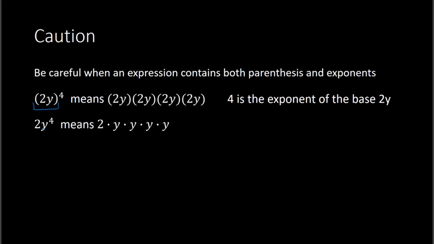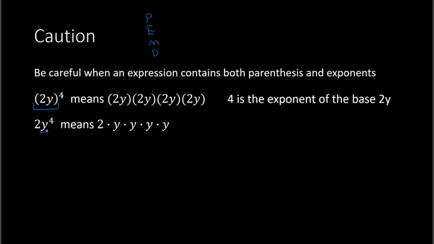However, if you have this expression, 2y to the 4th power, without parentheses, we are following order of operations. So we do parentheses first, and that's why this was the way it was for the first example. After that, we do exponents. So the 4 just goes to the y. So that would be your exponent. y to the 4th power is y times y times y times y. And then after that, we multiply and divide.